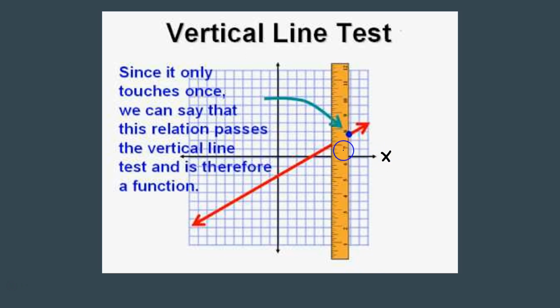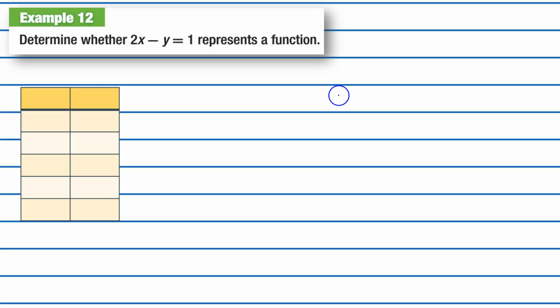And if it only crosses at each point one time, because in order to pass the vertical line test, it can only pass once, then it is a function. However, let's say it crossed here at the blue dot and another time here, then that cannot pass a vertical line test.